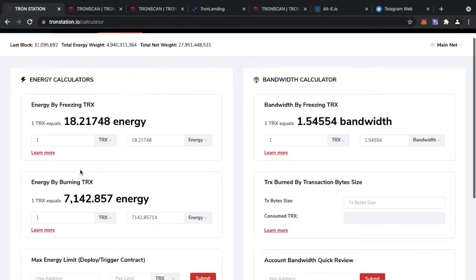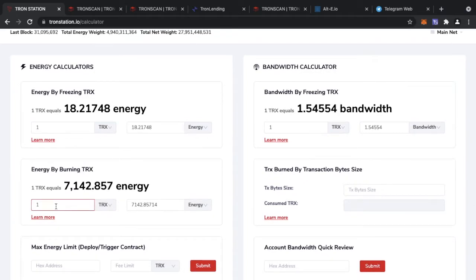For example, if you use Bankroll Flow or UME or one of these smart contracts, primarily you will see something like a claim or a roll, or any type of interaction with this contract, can cost in excess of 200,000 energy.